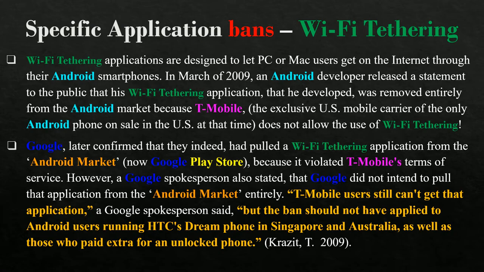T-Mobile's users still can't get that application, the Google spokesman said, but the ban should not have been applied to Android users running HTC's Dream phone in Singapore and Australia, as well as those who paid extra for an unlocked phone.